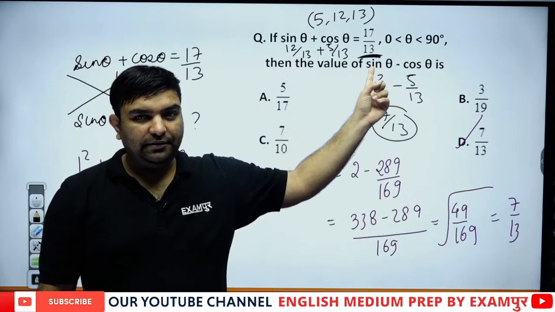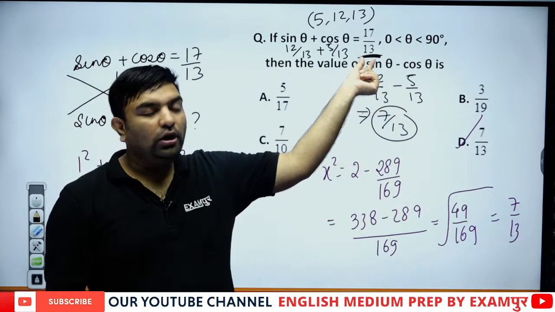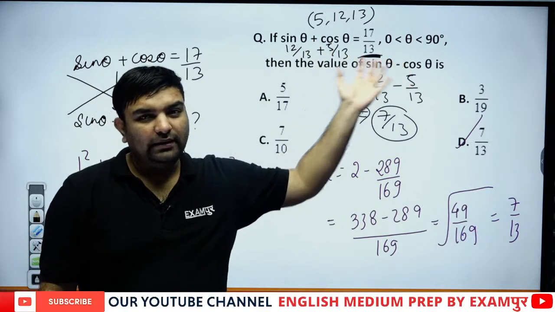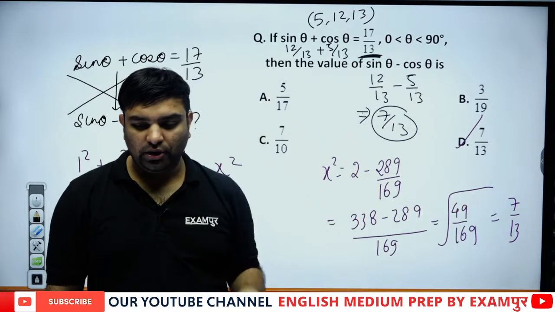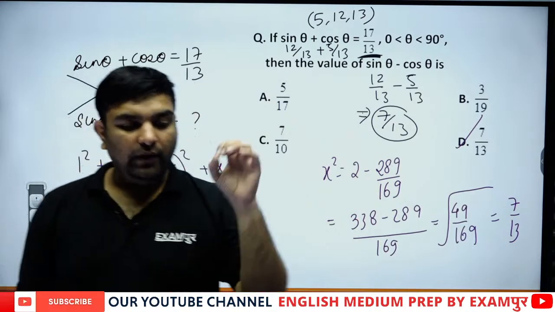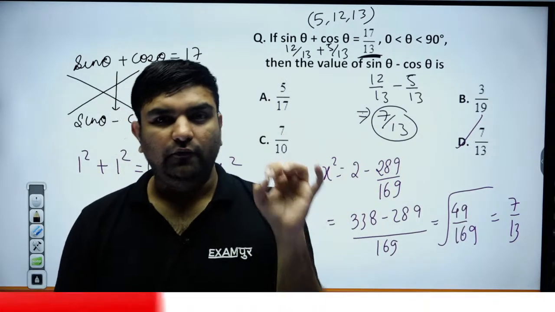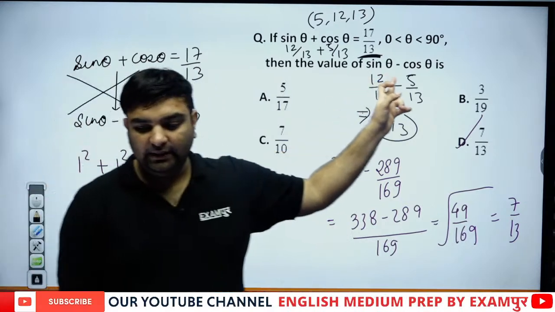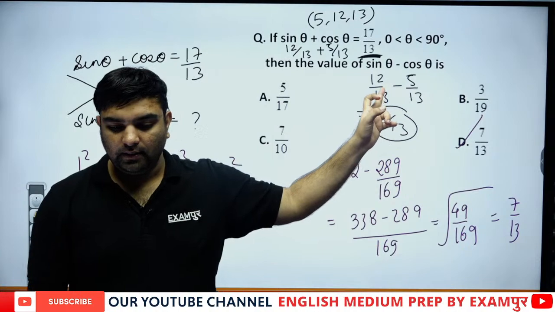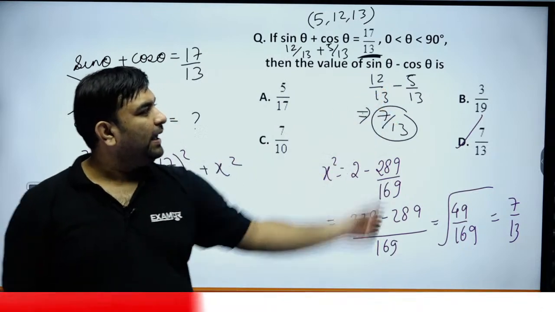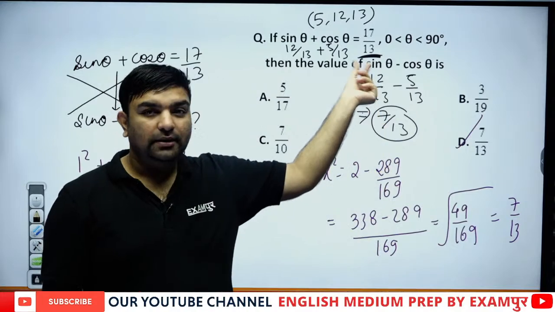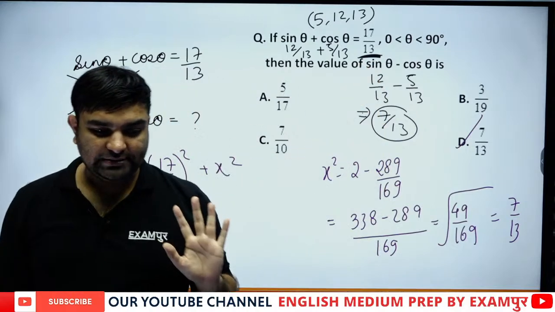As we know, there is a triplet with 13, so we thought of assuming it 5, 12, 13 and let's see whether it works out or not. We are only able to do this because of this 13 in the denominator. The first quadrant is also a factor, but the main thing is this 13.